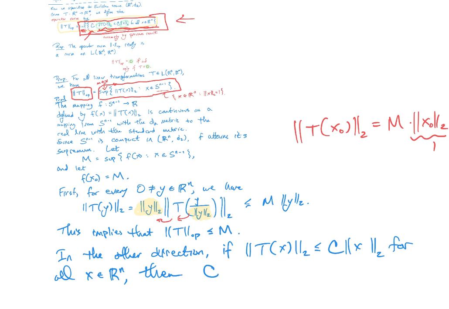So if we had a C that worked for all x, then it would have to work for x naught. Okay, and to work for x naught, if I plug x naught in here, the only constants that are going to work are things that are at least M.